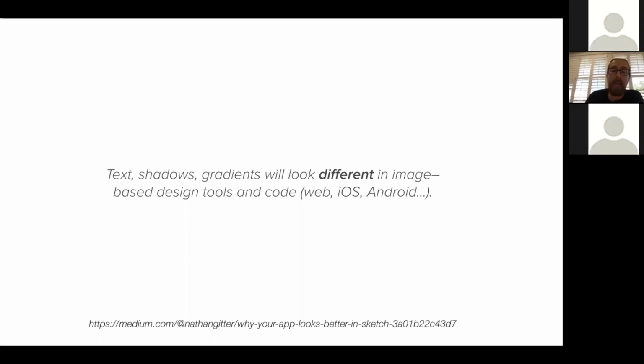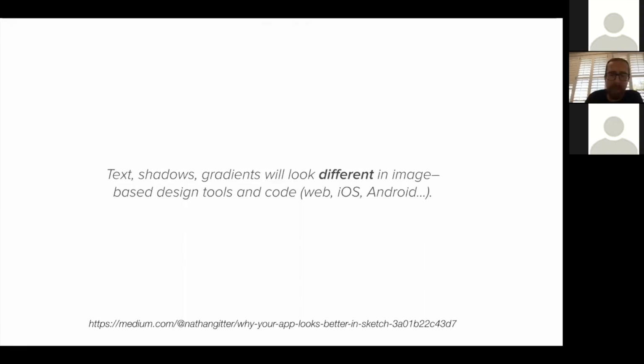And if you think about the origins of those tools, that makes a lot of sense because they were meant to serve mostly print, right? The problem is that web and mobile technologies don't use the same rendering engine and have other priorities. And because of that, your text, your shadows, your gradients will at times look dramatically different in your image-based design tools, and then after the development process for web, iOS, Android, for any platform, really.